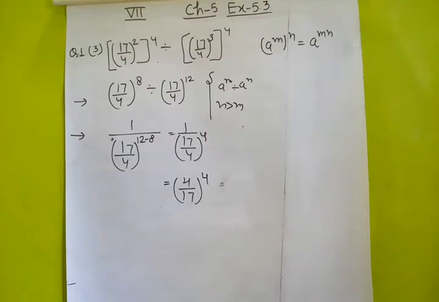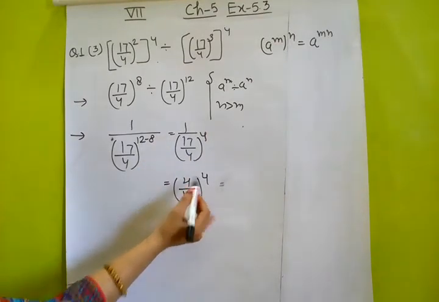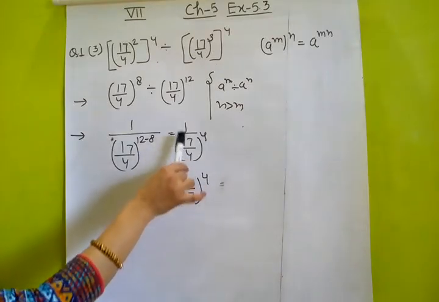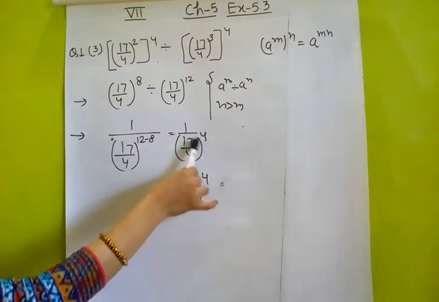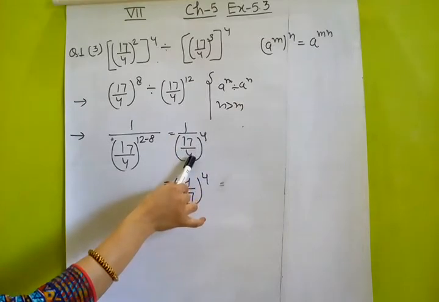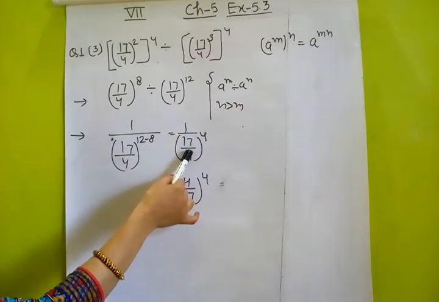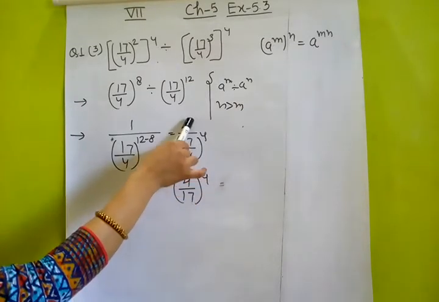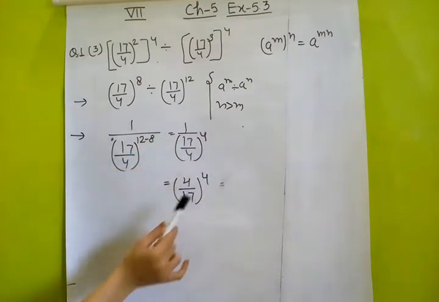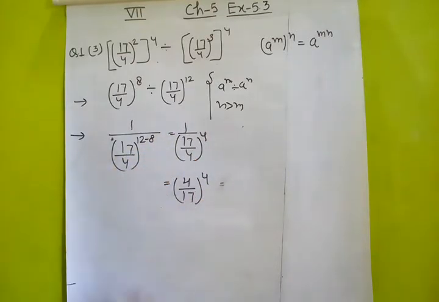This 1 upon 17 upon 4 power 4 you can write students 4 upon 17 power 4, because when any fraction is given downside of 1, then denominator will come as numerator and numerator will be as a denominator. Reciprocal you can do.